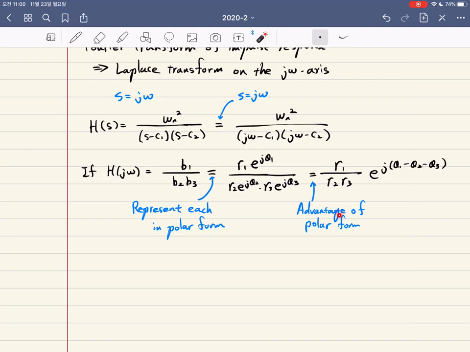So what I'm trying to say is that you can obtain magnitude and phase easily by using the polar form.